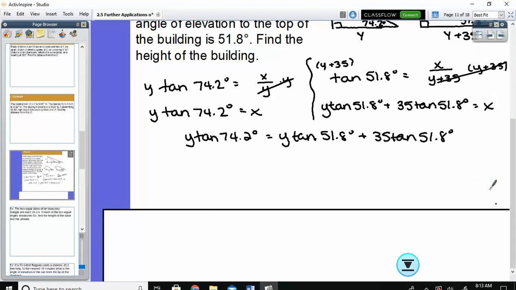Now what? We have one equation. It has y's in it, so we need to get those on the same side.